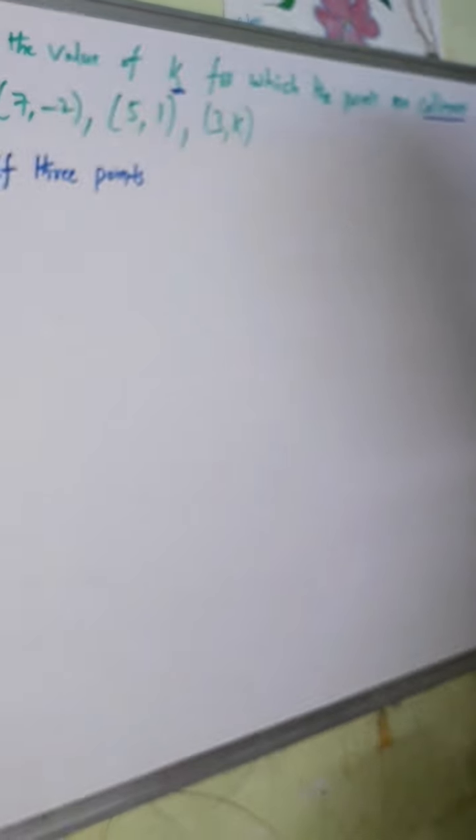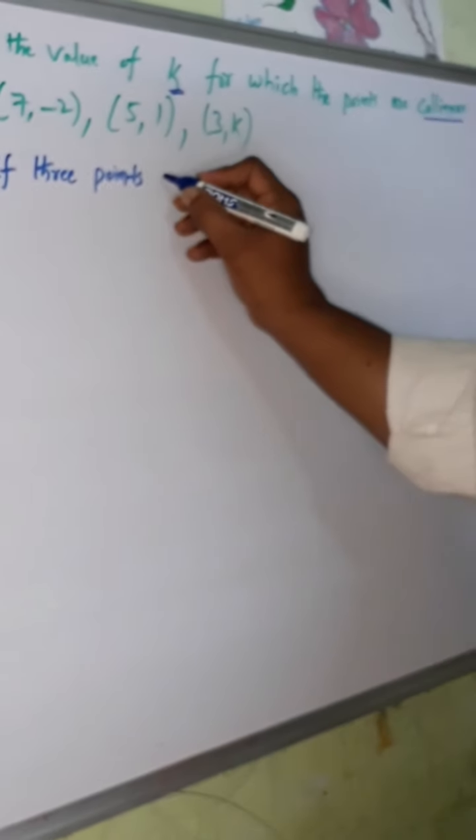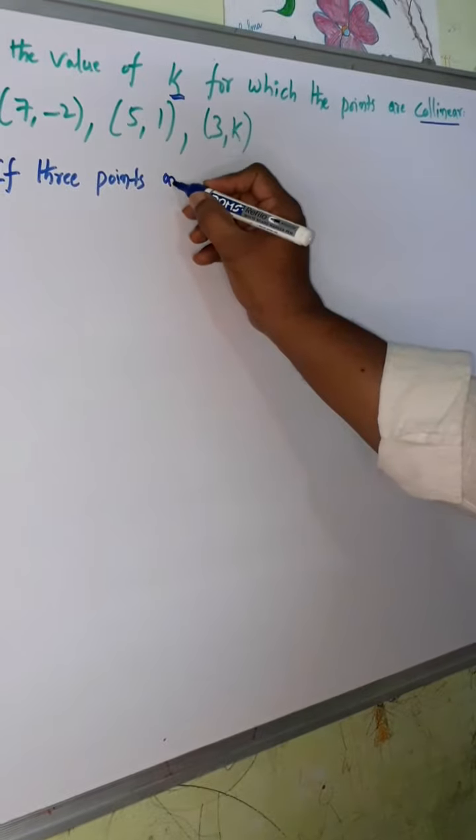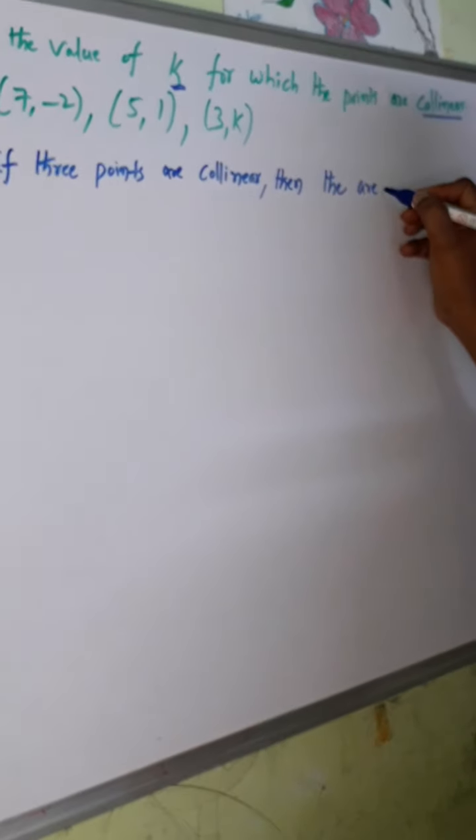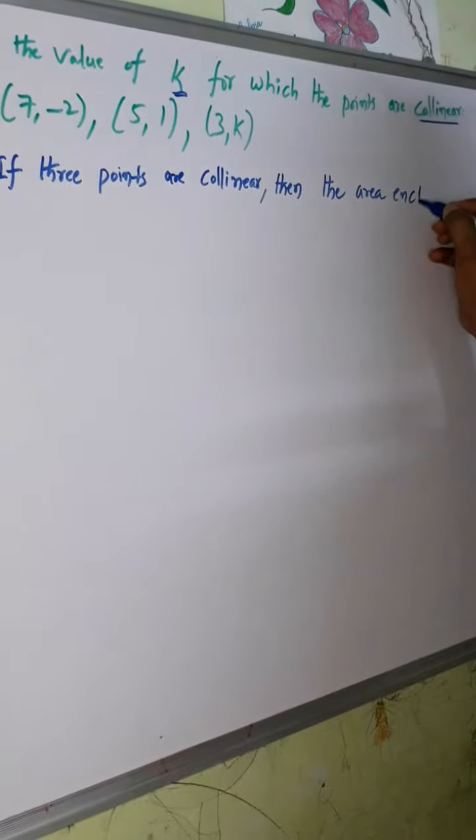If three points are collinear, then the area enclosed between them is 0.